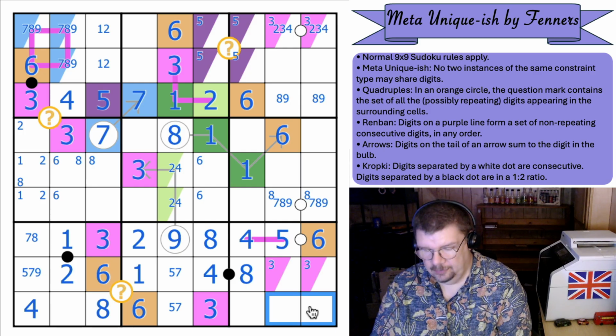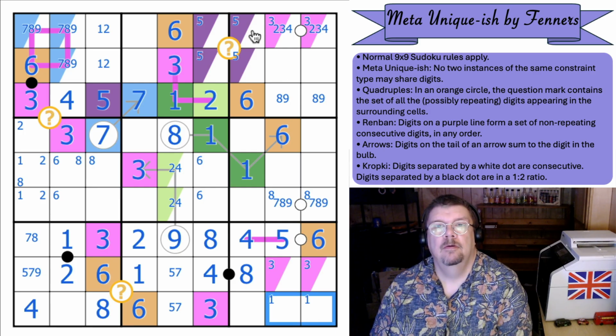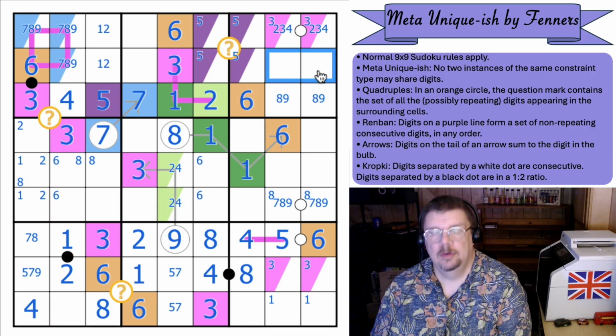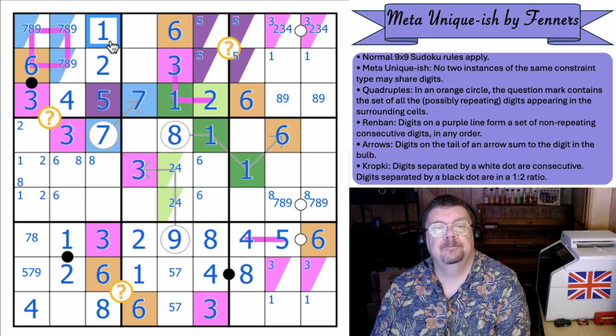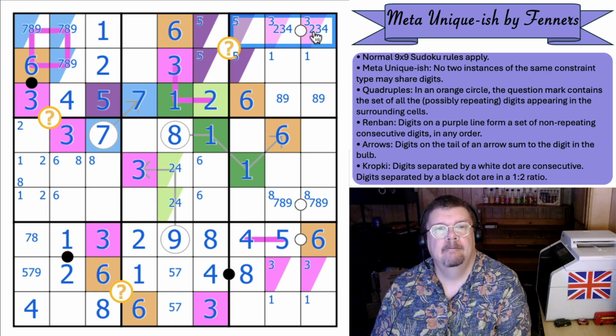There's a 1 in one of those two. 1 can't go there. So there is a 1 in one of those two. That makes that a 2 and that a 1. That puts 2 in one of those three. And if it's there, then that prevents that from being a 2.